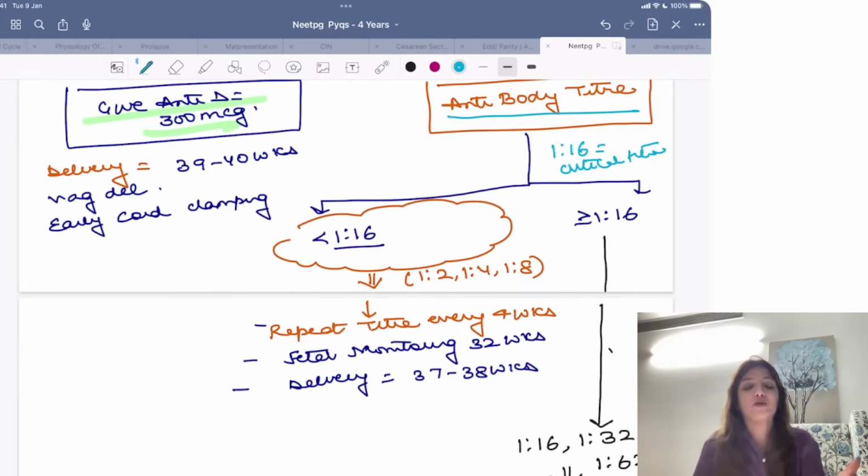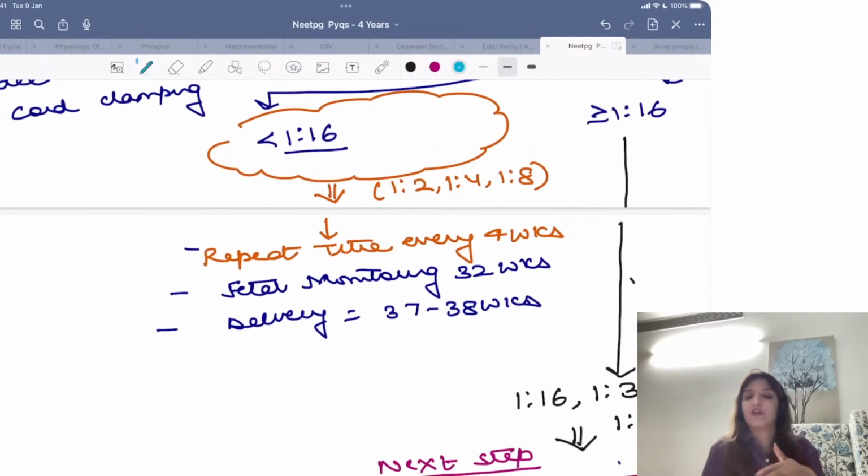They will cross the placenta and lead to hemolysis in the fetus, but that hemolysis is not going to be very significant, right? So in that case, I am going to repeat the titer after every 4 weeks. I am going to do fetal monitoring starting from 32 weeks and I am going to deliver this patient between 37 to 38 weeks, right?